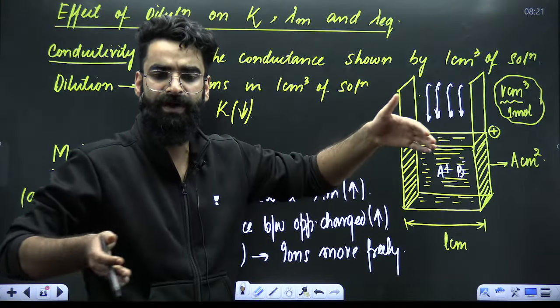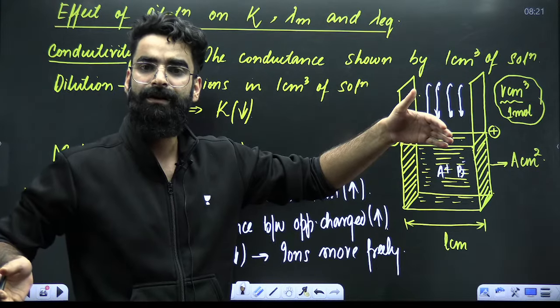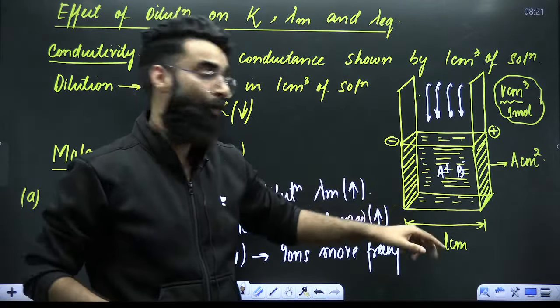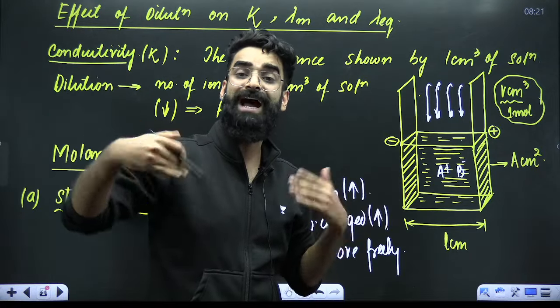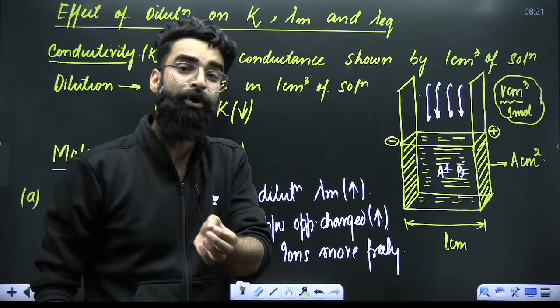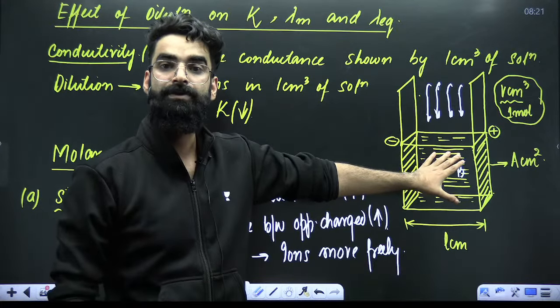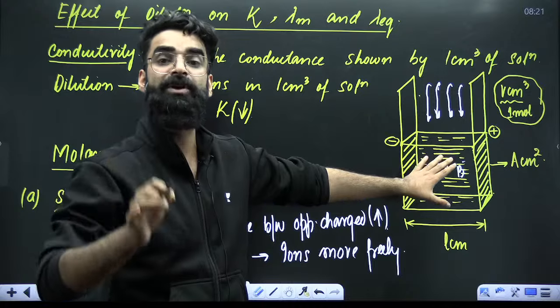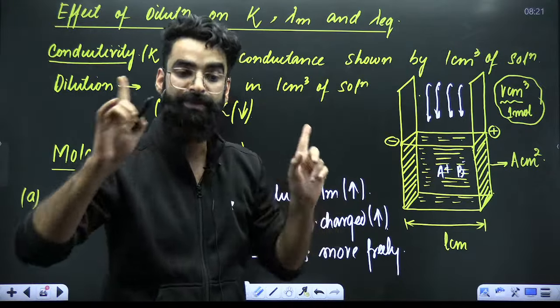The ions will go far, right? There will be a time when these ions will be at infinite distance apart. At that point of time, force of attraction between the ions will be 0. So there is maximum free movement of these ions, and molar conductivity of this solution will be maximum.